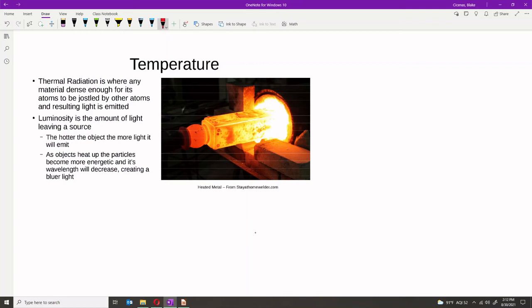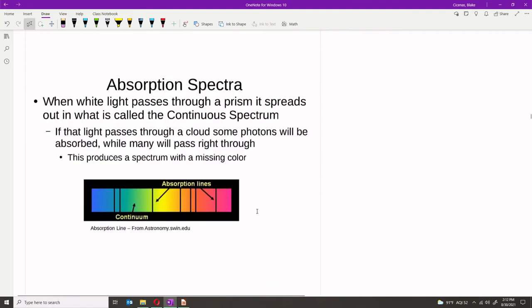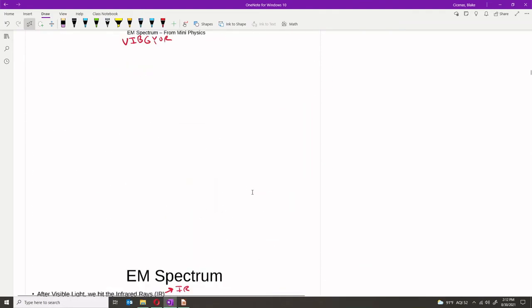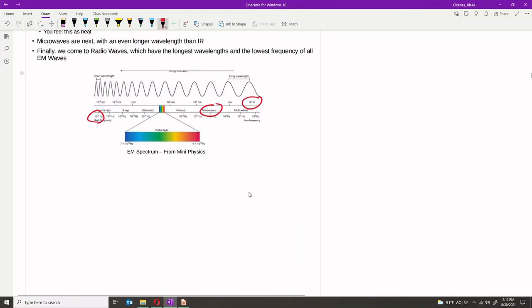So if you've ever done anything with fire, you'll know that the bluer part of the fire, which always seemed weird, at least when I was a kid, is actually the hotter part of the fire, which isn't crazy. That's not just coincidence, because if we go back to ROYGBIV, wow, that's really far back there, our more energetic color was blue and our less energetic color was red, and then the yellows in between.